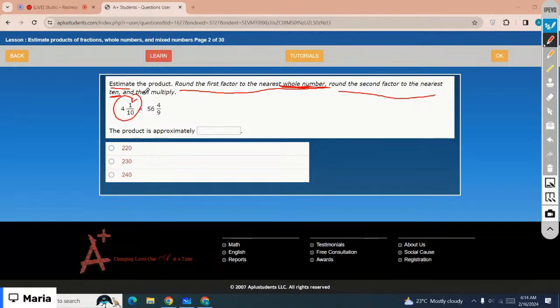Look at the fractional part, 1 over 10. 1 over 10 means only one portion is colored out of 10. That means this is less than half. So you can round off this number to 4. Now this one you have to round off to the nearest 10, 56. That is more than 55. You can round off this number to 60. 6 times 4 is 24. That is 240.